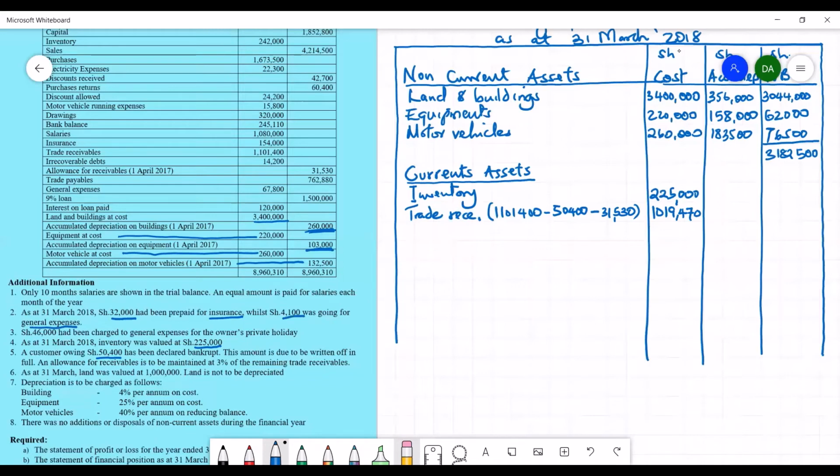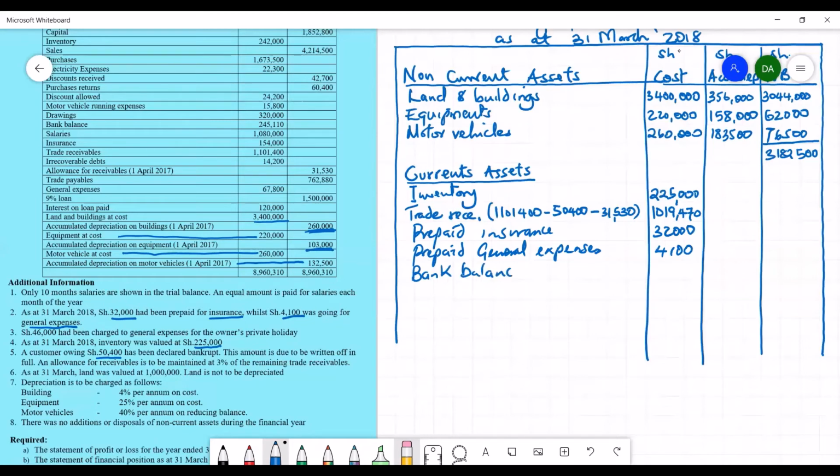So we are going to have prepaid insurance of 32,000, and prepaid general expense of 4,100. After that, we have the bank balance.